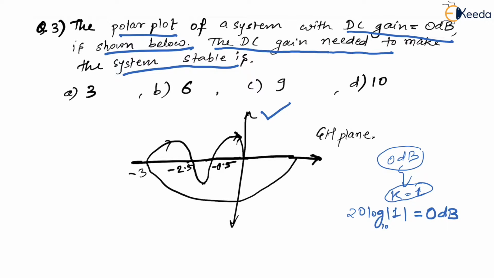So if you check out here, encirclements about -1, where will be -1? It is stable, no? So I want to check that, right? So this is -1 point, because this is -0.5, this is -2.5, so -1 has to be somewhere here, right?